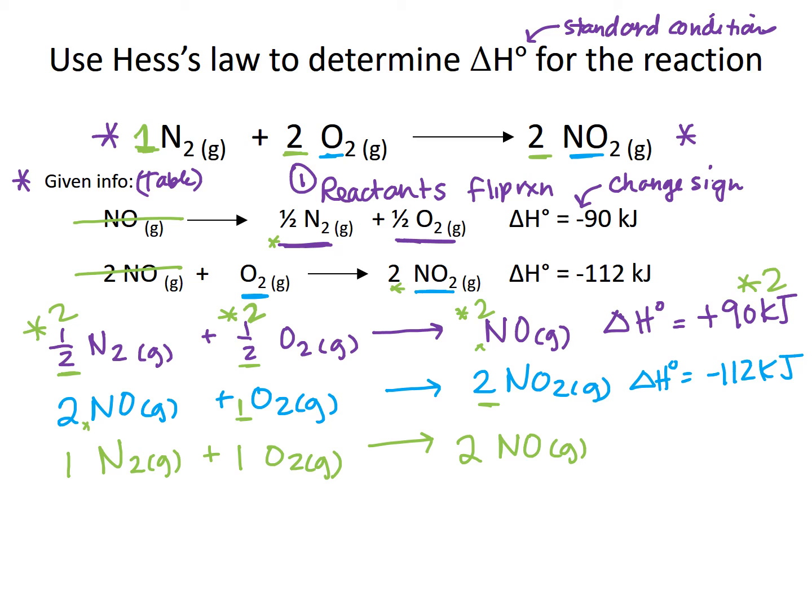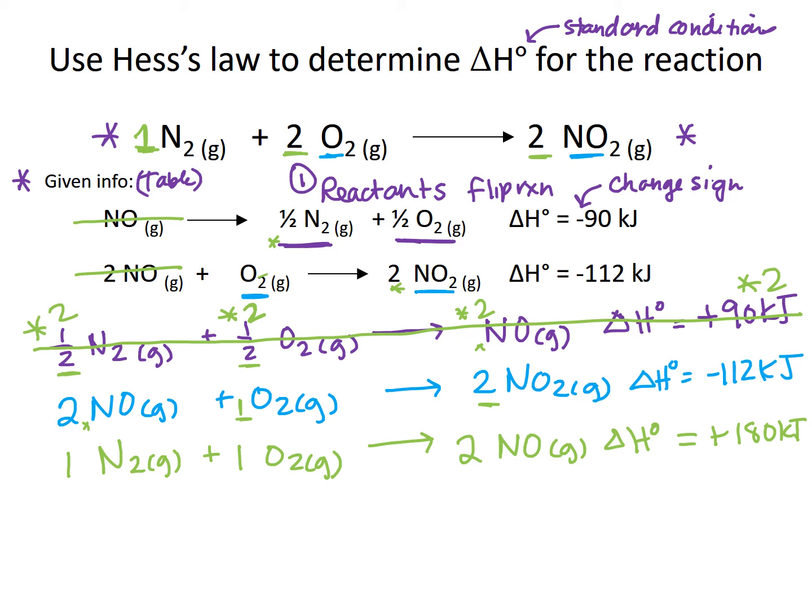And now that delta H value is positive 90 times 2, so 180 kilojoules. Now that I've manipulated this equation, I'm going to cross this whole thing out so I don't get confused. Okay, so I've used these top 3 reactions and I don't need them anymore.